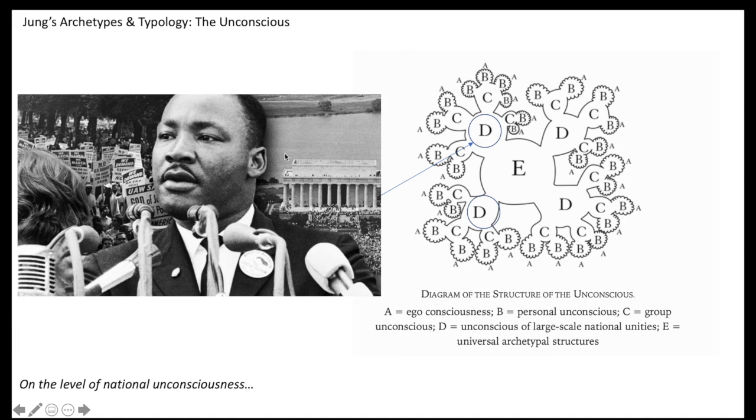There's a good amount of people that think he was probably a national hero, but don't know much about him other than surface level stuff. So you could say there's probably a great deal of unconsciousness surrounding this person. He's more an archetypal figure. You can say that he embodies this archetype, because people might not know anything concrete about him, but they still associate him with being a hero.